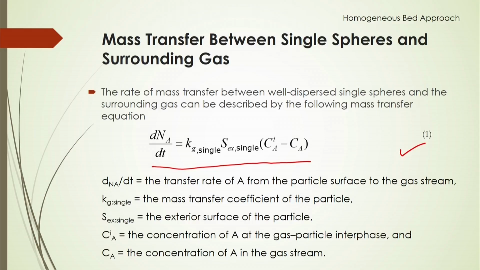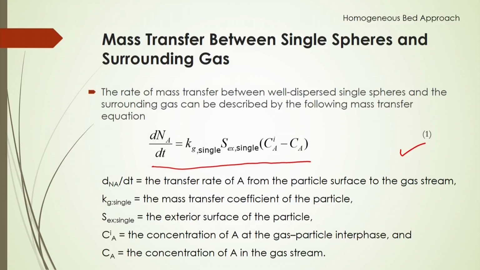Here dNA/dt is the transfer rate of A from the particle surface to the gas stream, and Kg,single is the mass transfer coefficient of the particle. Ax,single represents the exterior surface of the particle, whereas CAi is the concentration of A at the gas-particle interface, and CA is the concentration of A in the gas stream.